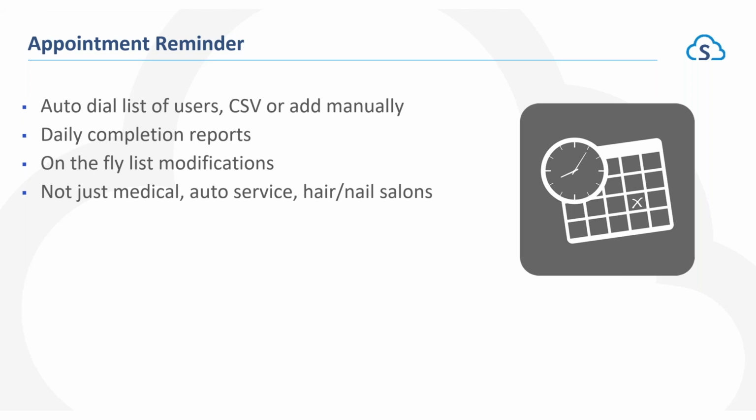It auto dials a list of users, from CSV, or you can add them manually. It also gives you daily completion reports, so you can see which of the calls made got answered, whether it went to voicemail, yes or no, and which calls were not answered. So you can manage your appointments on that basis. A very, very handy module.